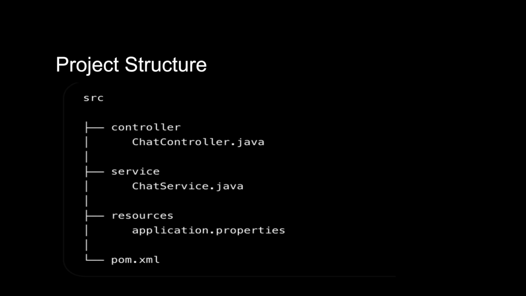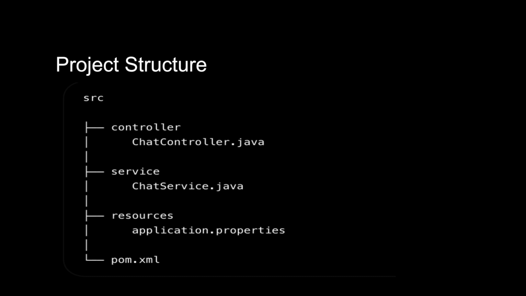Services perform business logic. The third file is application.properties. The file contains configuration, things like API key, model name, temperature. Notice that we are not hard coding these values inside Java classes. Configuration should always stay outside the code. Finally, we have pom.xml.